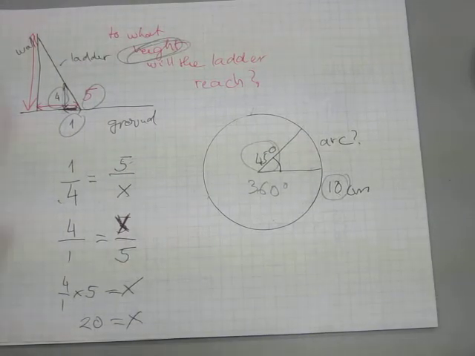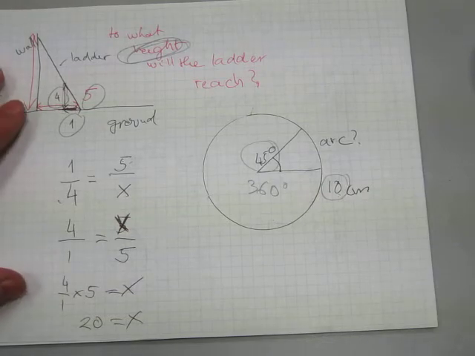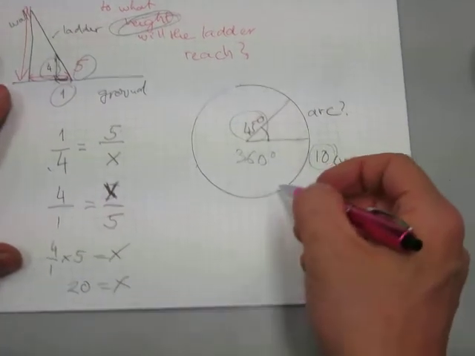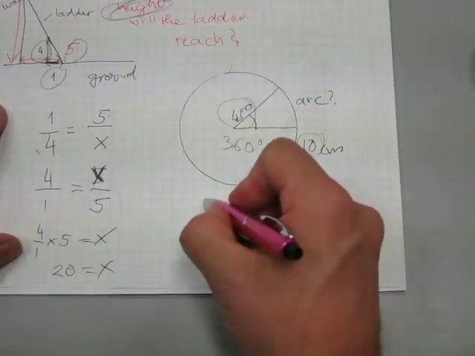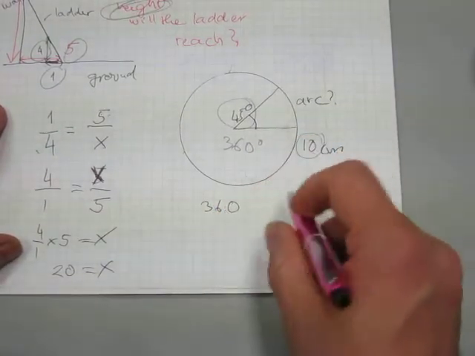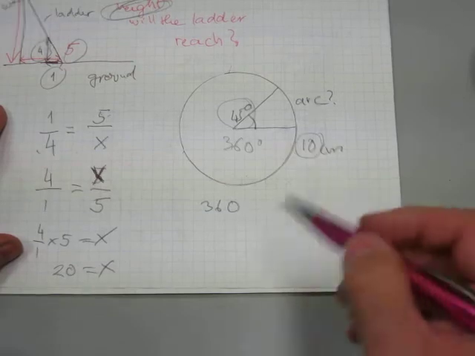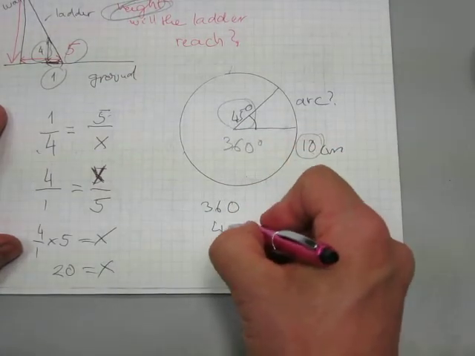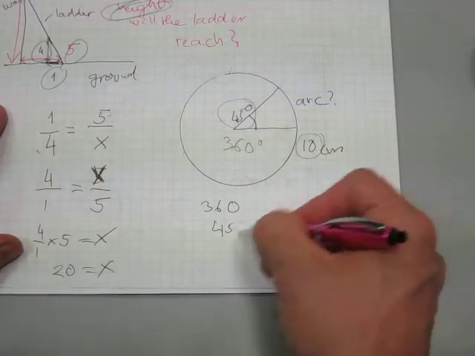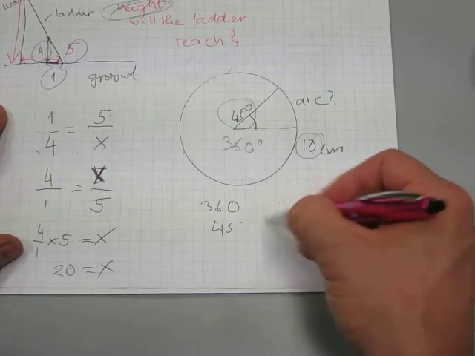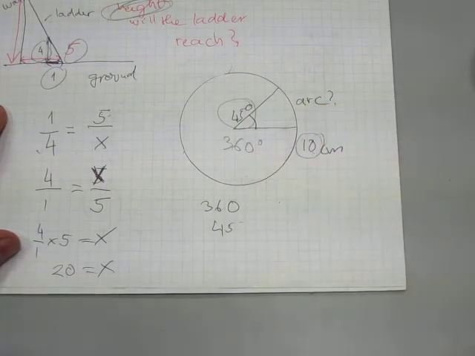Without doing fancy tangent, cosine, whatever operation with trigonometry, we can do it with ratio and proportion. Let's get started with 360, for example. The 360 angle is proportionate to the 45-degree angle, and we can write the 45 here or here. As long as we don't write it diagonally across, we'll be fine.